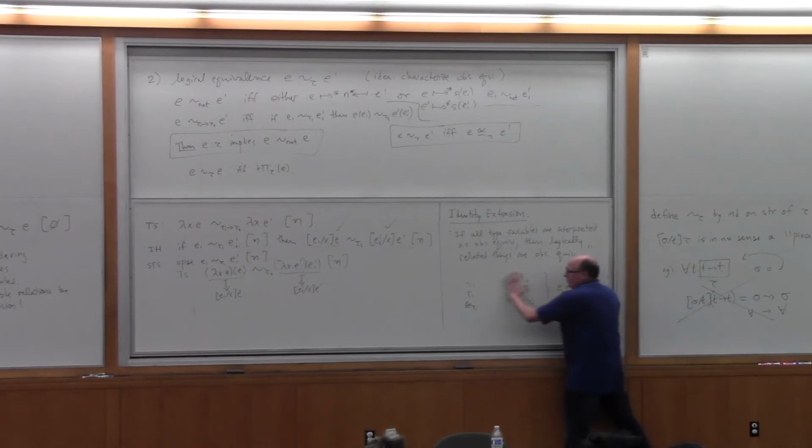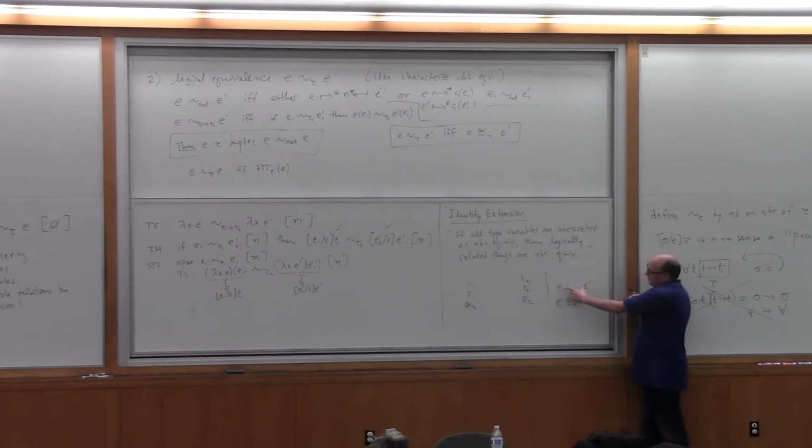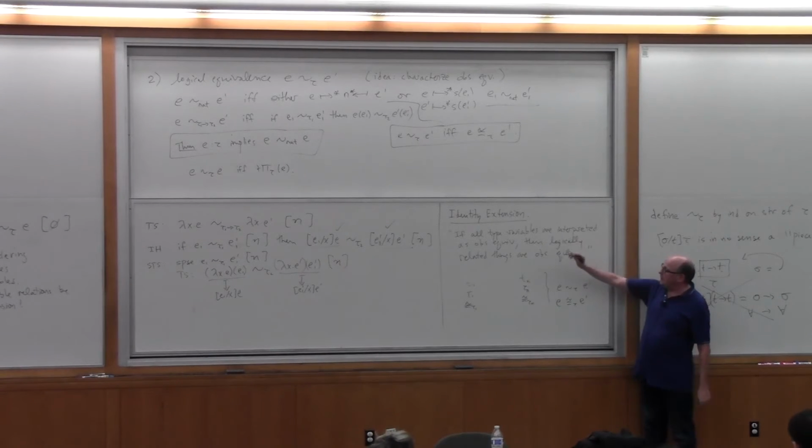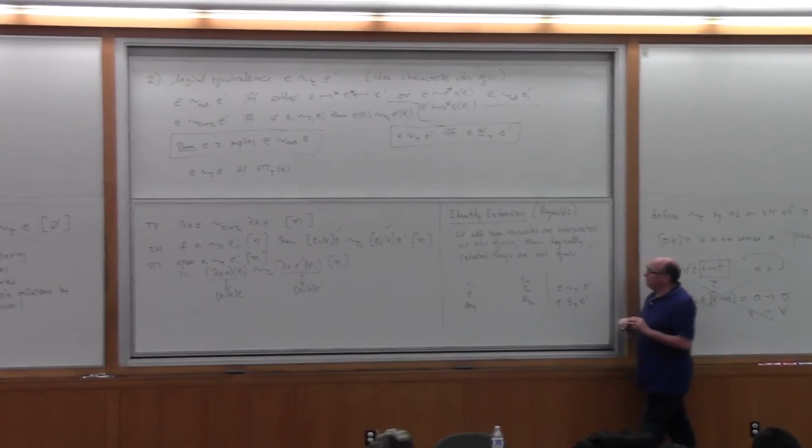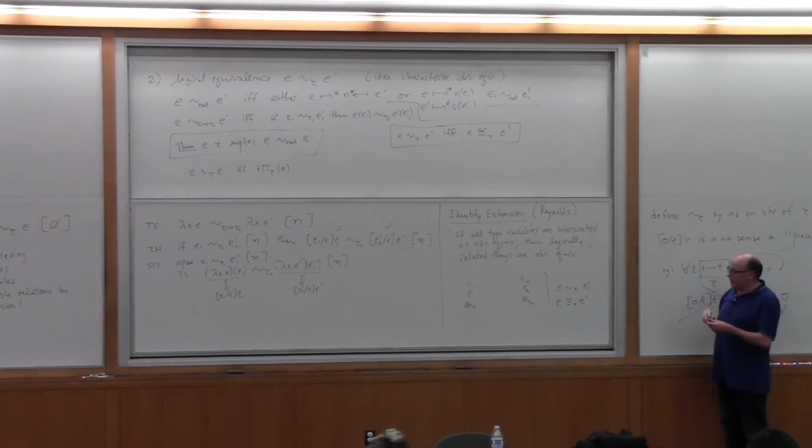And in particular, if n is 0, then logically related things will be observationally equivalent. So it preserves the identity relation. That's called the identity extension lemma, and that's something that Reynolds formulated. Good. So that's a very important thing.